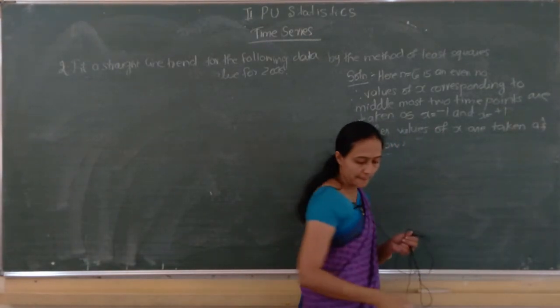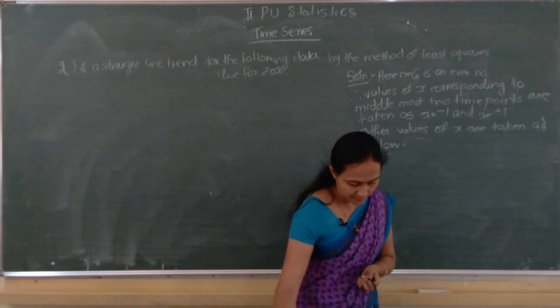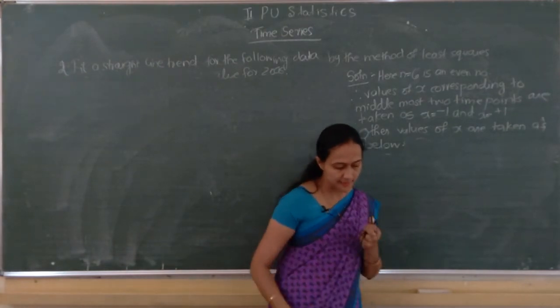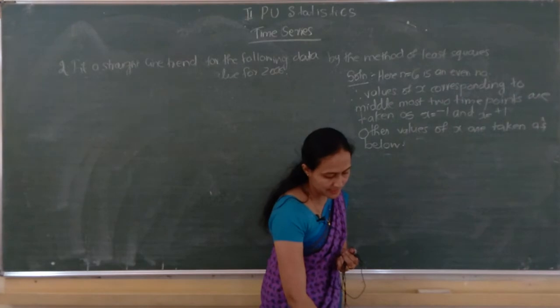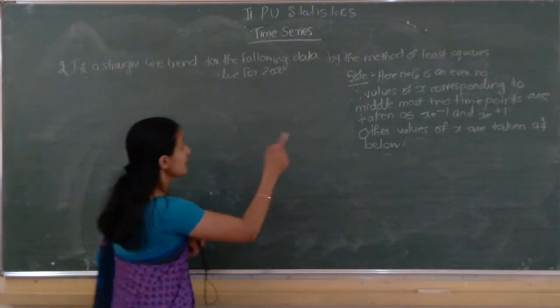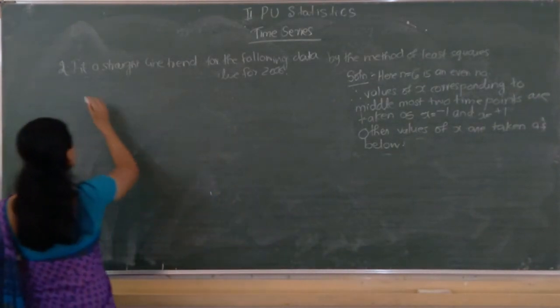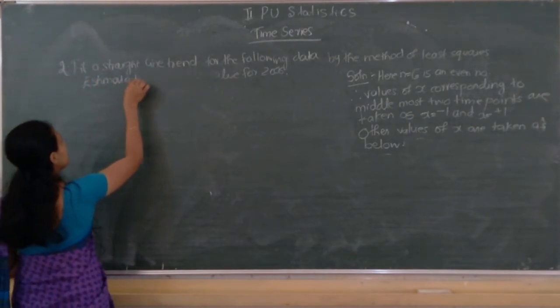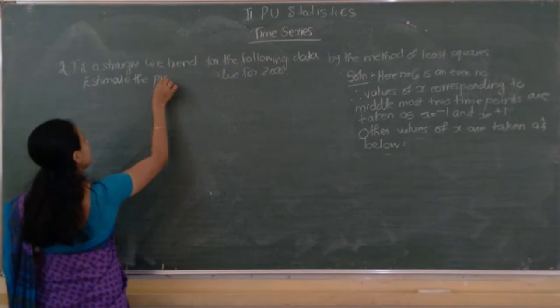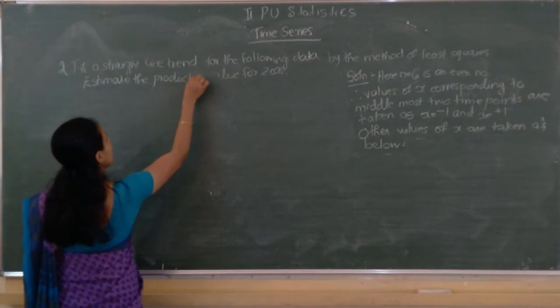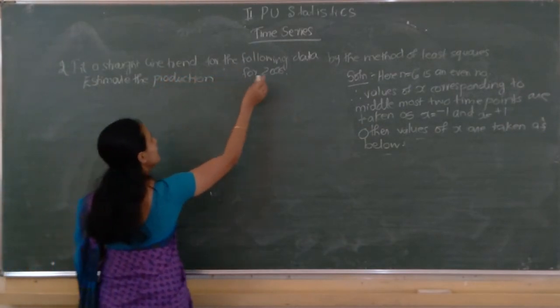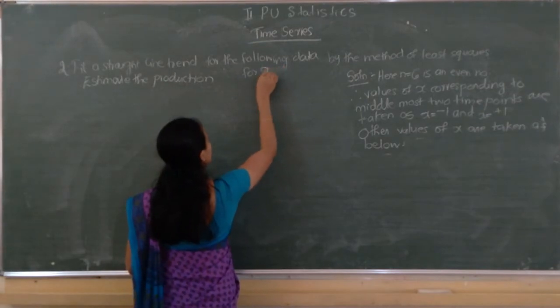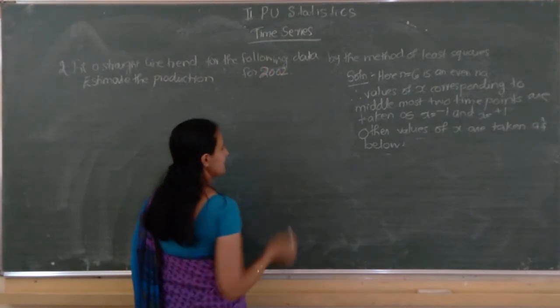Okay, here, with the graph we will do one. Fit a straight line trend, estimate the production for 2000, and see, one more question was there, estimate the production for 2002.